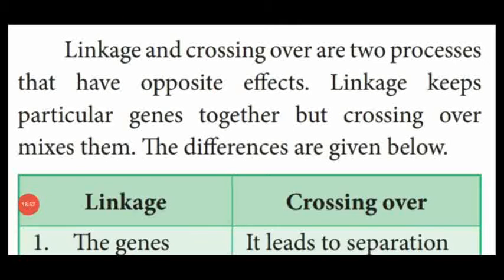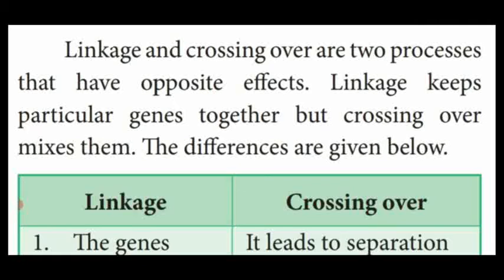Dear students, chromosomes have 2 important processes. One is linkage. So what is, once again, the definition of linkage? The tendency of the genes to stay together during separation of chromosomes. That means when the pair of chromosomes separate, the genes are not separated, they stay together.